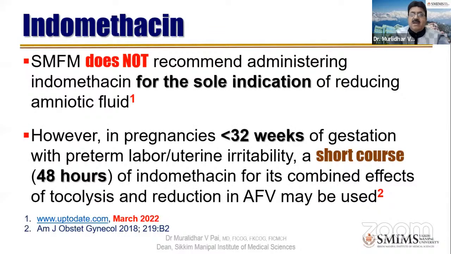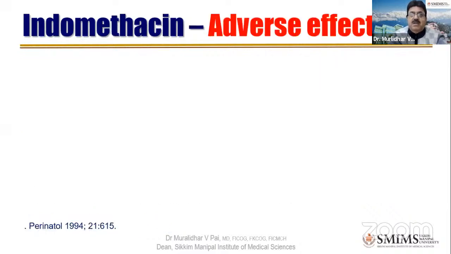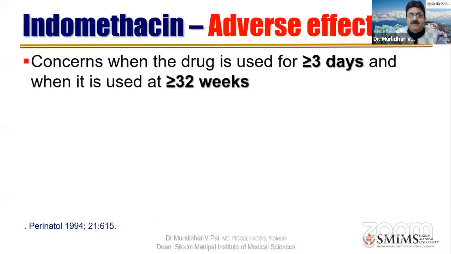However, in pregnancies less than 32 weeks of gestation with preterm labor or uterine irritability, a short course, how short is short? 48 hours of indomethacin for its combined effects, as I said again and again, tocolysis and reduction of AFI, may be used. So what are the adverse effects of it, if at all?